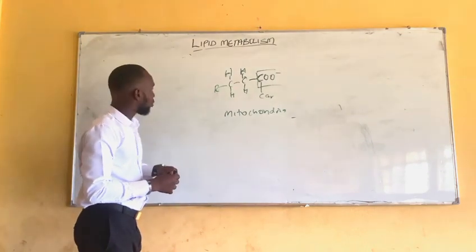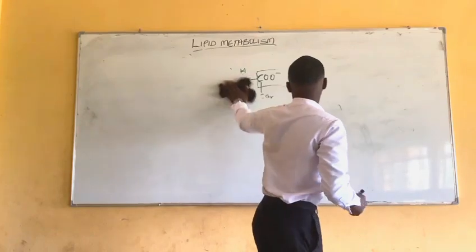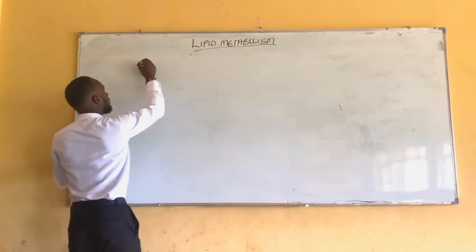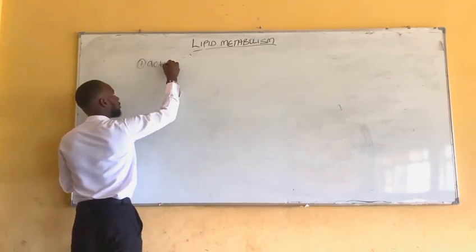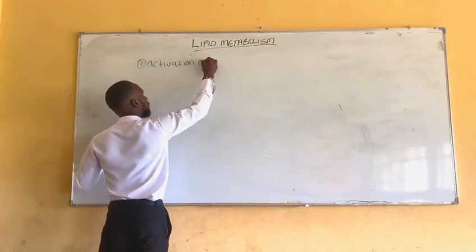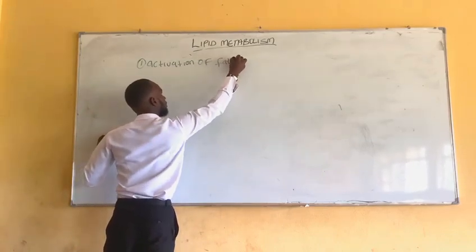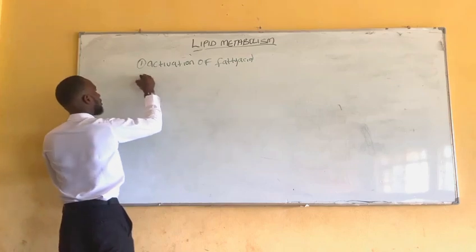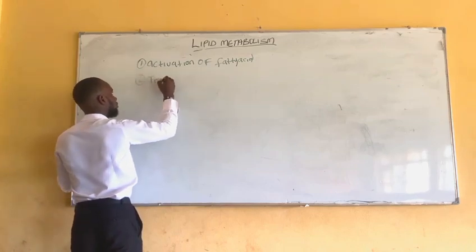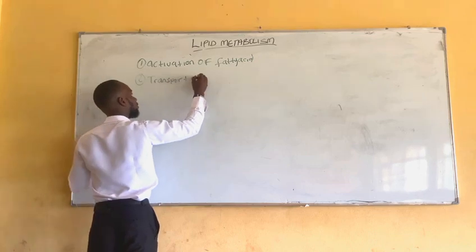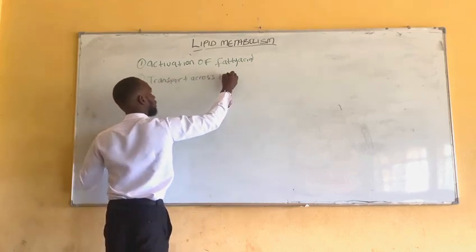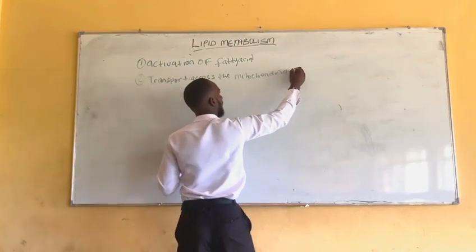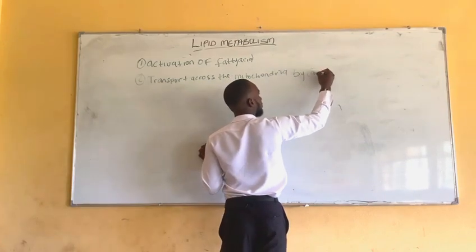So let me now talk about the steps involved in beta oxidation. The first step is the activation of fatty acid. The second one is the transport across the mitochondria by the carnitine transport system.